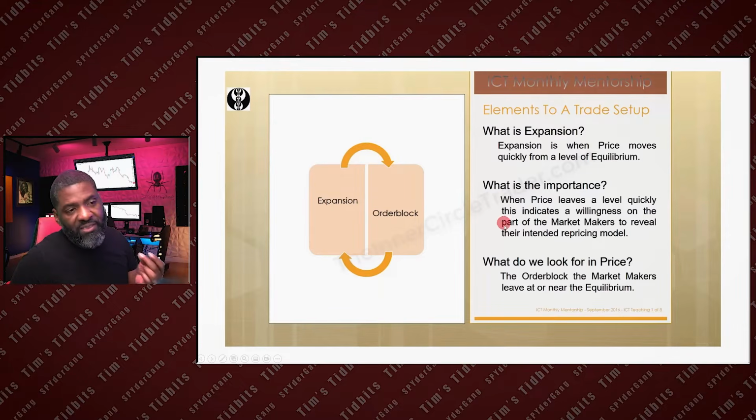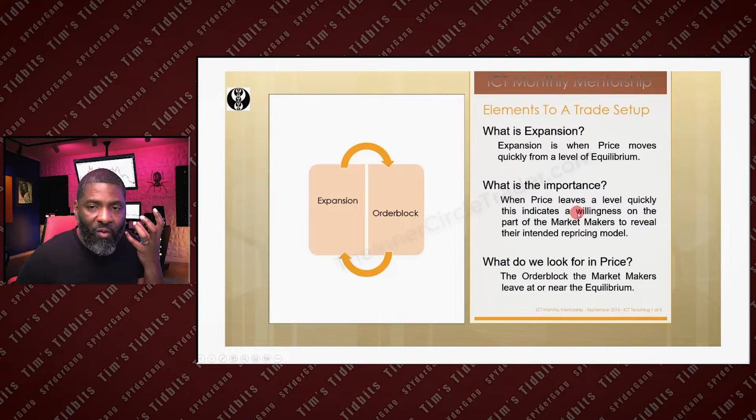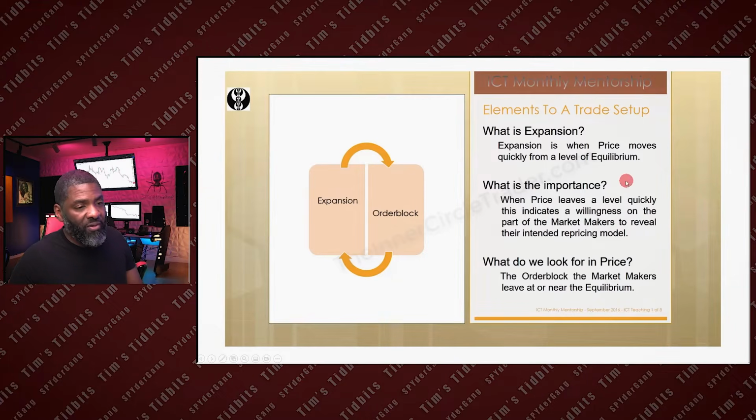What is the importance of this? When price leaves a level quickly, this indicates a willingness on the part of the market makers to reveal their intended repricing model. Meaning, how are they going to do it, right? So, again, expansion is always tied to an order block, right?